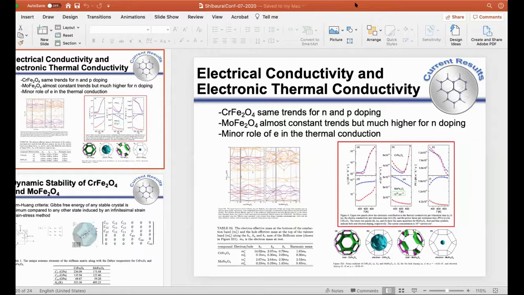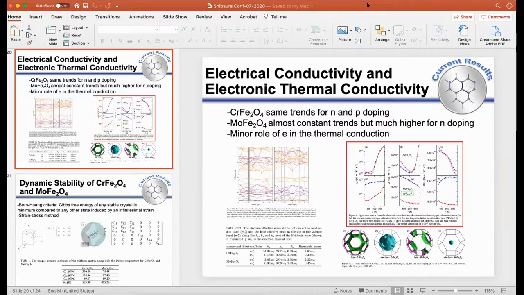My first question was the same as Miao's. But my second question is, why did you choose this spinel structure? Why are you interested in the spinel structure? And another question is, can you do something for the magnetic domain effect in your calculations?